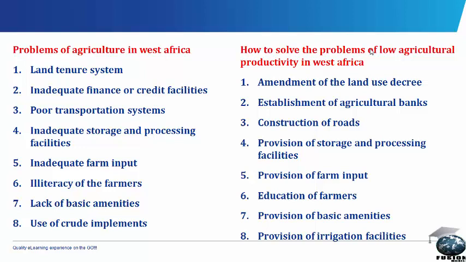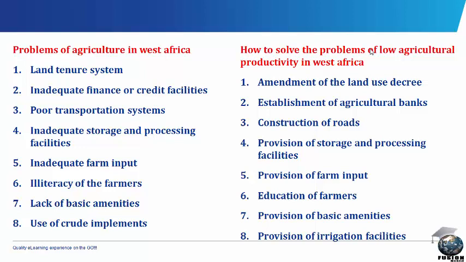Illiteracy of the farmers. Majority of the farmers who are engaged in farming, over 60%, are illiterate, and as such, they cannot make use of modern techniques in agriculture. Lack of basic amenities. Lack of basic amenities like electricity, pipe-borne water, and proper health care makes able-bodied men and women migrate from rural to urban areas in search of non-existent jobs.